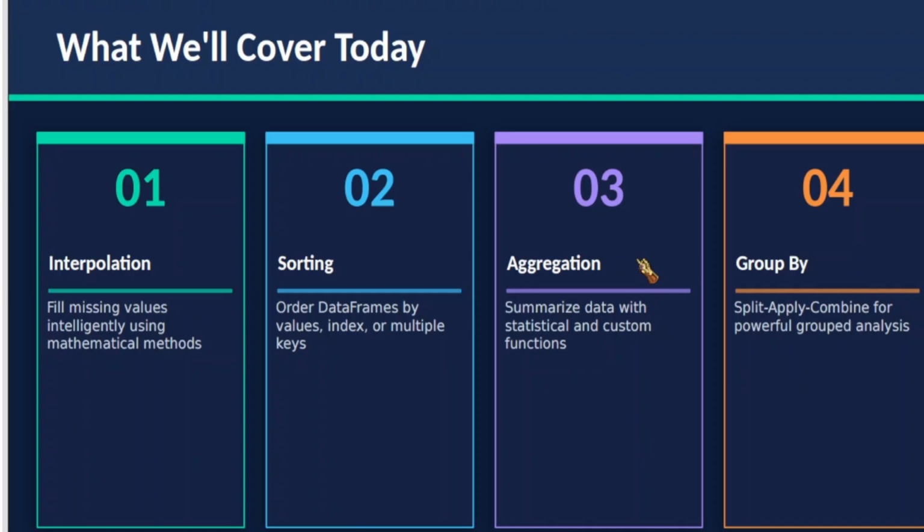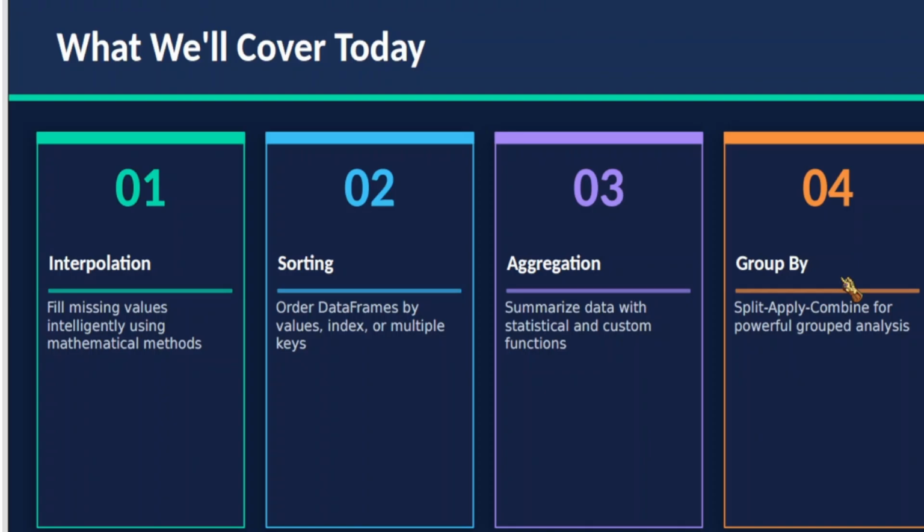We will also group by columns with their properties. Group by is like applying some formulas or rules to combine two or more columns together. So we will look at these topics today.